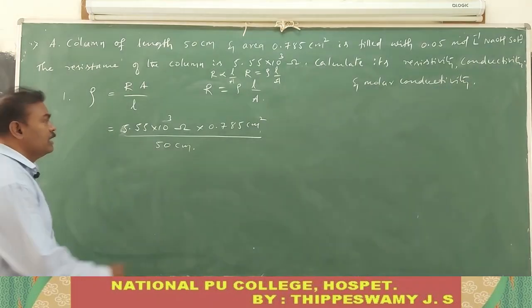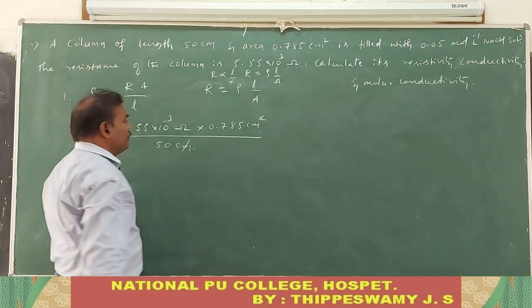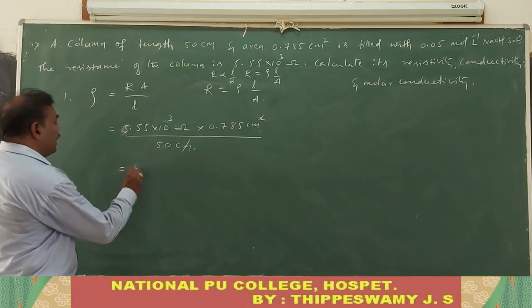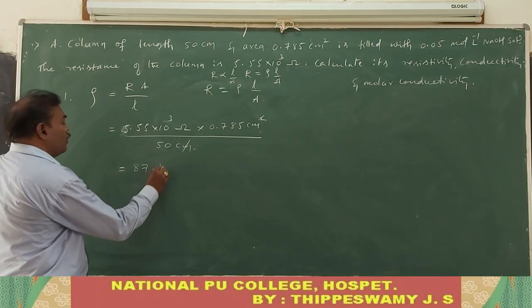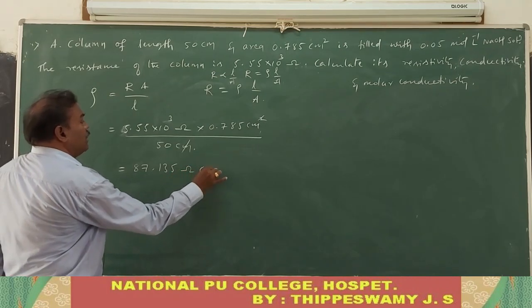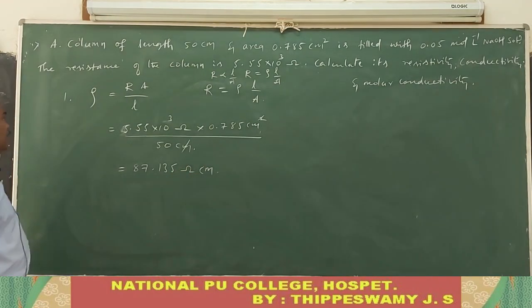Centimeter and centimeter get cancelled. The final answer we are getting is 87.135 ohm centimeter. This is the first question, rho, the resistivity.